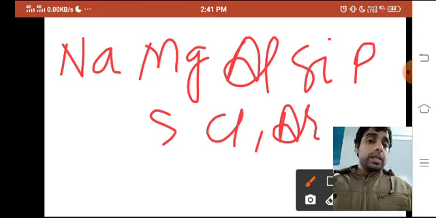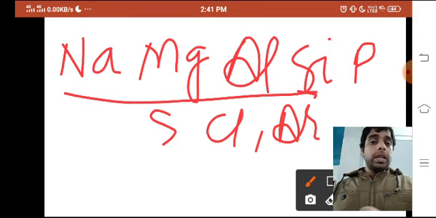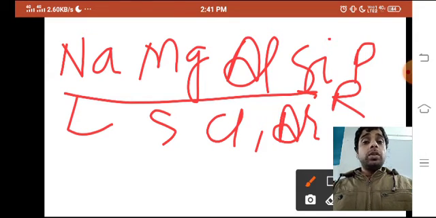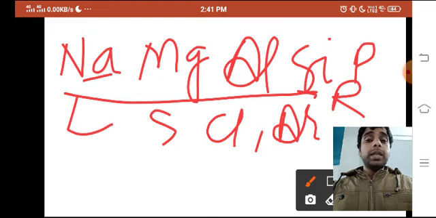Okay now, we are moving across a period left to right. What will happen? Look here, Na, these are third period elements.